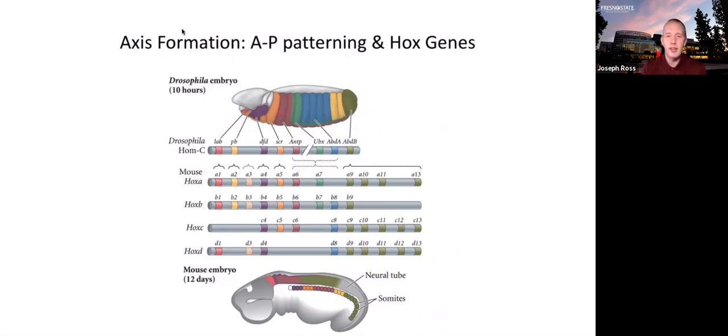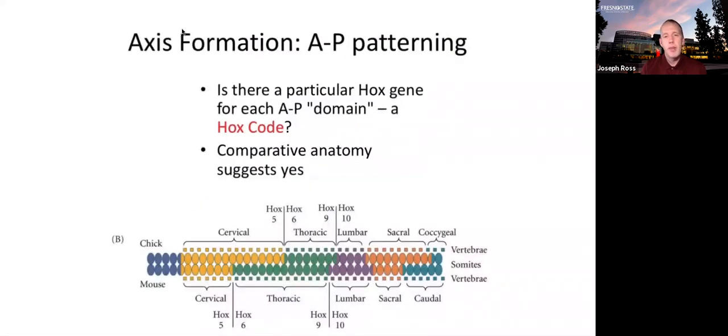And this is, again, that concept of the Hox code, which proposes the idea that where the Hox genes are expressed tells those cell types what sorts of cells to become. So Hox5 is expressed in cervical tissues, both in the chick and also in a mouse.